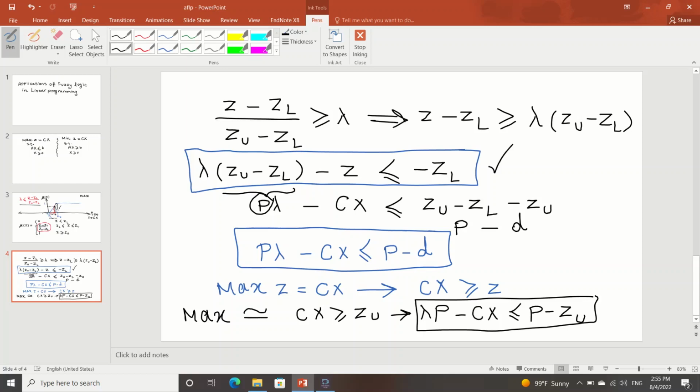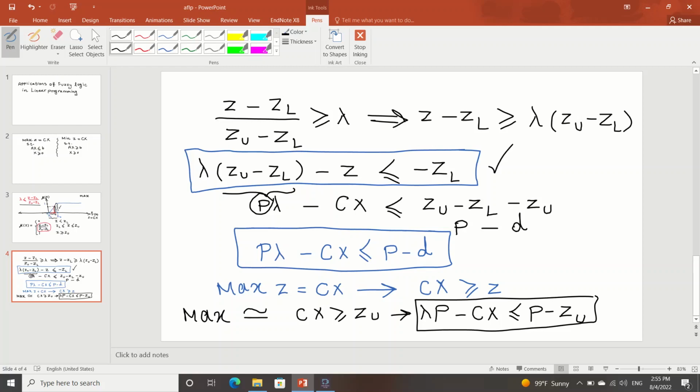P minus ZU is P minus D. But we assume that D is constant in the general model, and for objective function, we assume that D is ZU. Okay?